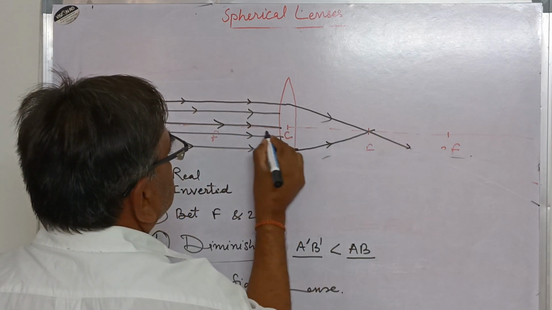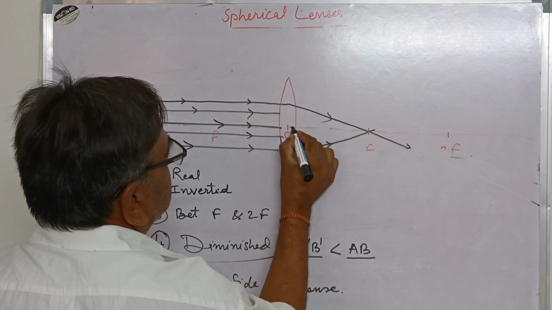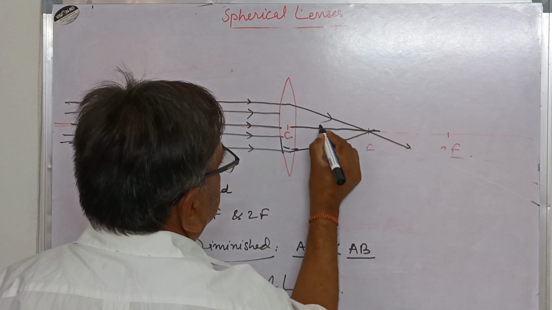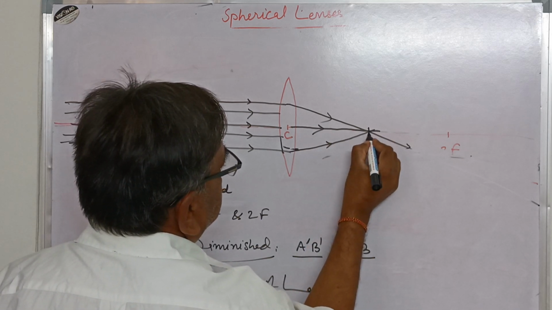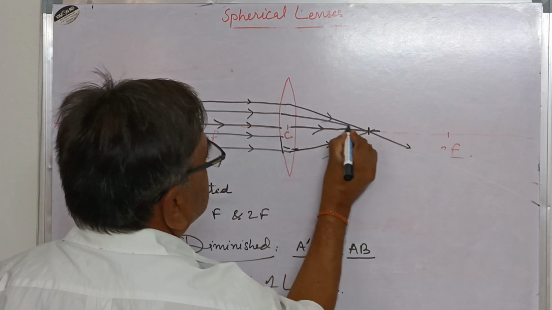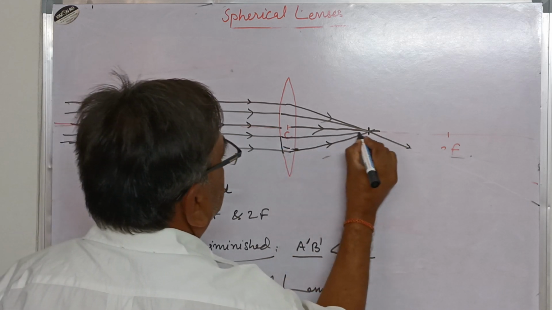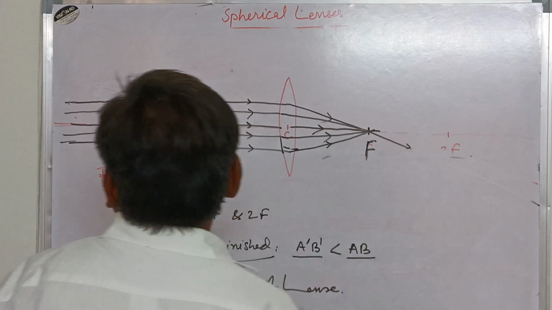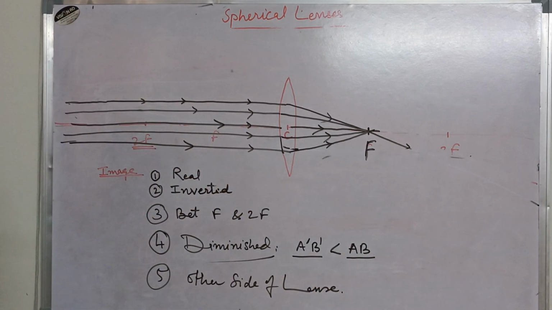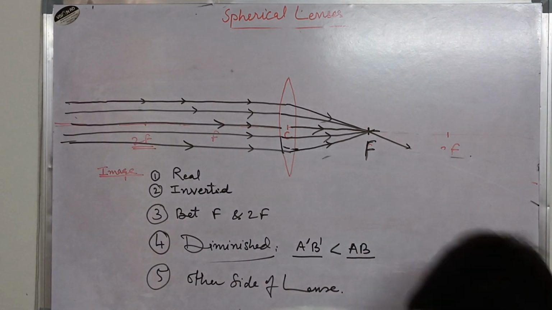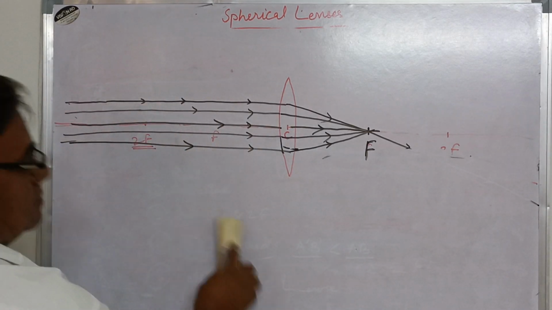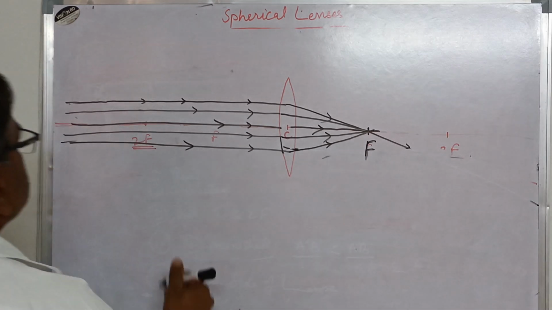This ray is passing straight through the optical center, so it will not be refracted, the direction will not change. So they all will meet here. The focus will be here. So this is the last case, when the object is at infinity.